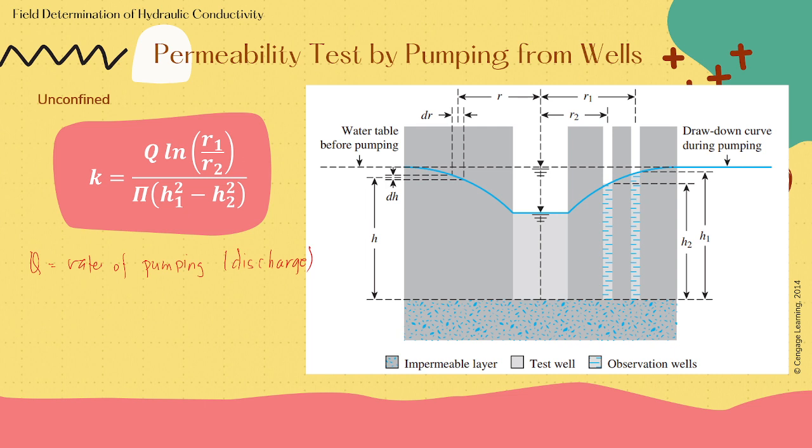And R1 and R2 are the radius or the distance of the observation wells. This is also applicable to the heads. So 1 refers to the farther observation well, and 2 pertains to the nearer observation well.